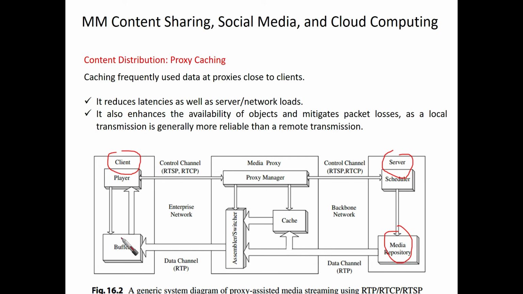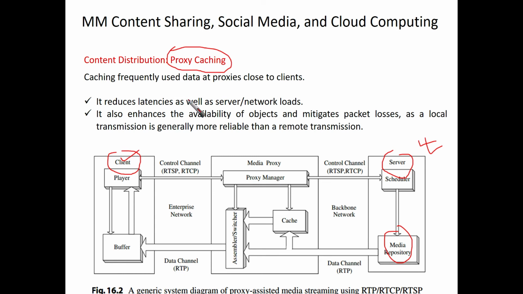So if there is some data, the client just wants to access this data somehow. But this server is perhaps far away from the client. So when the data goes over the network, it takes a lot of time and causes a lot of delay. To overcome that, we use the concept of proxy caching.